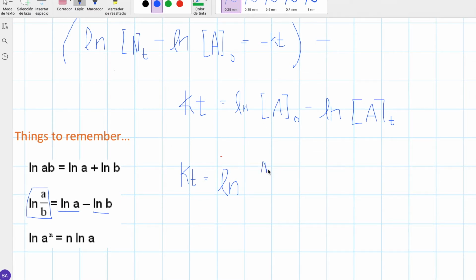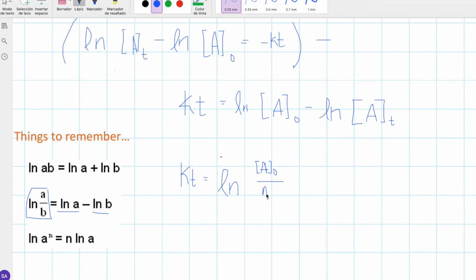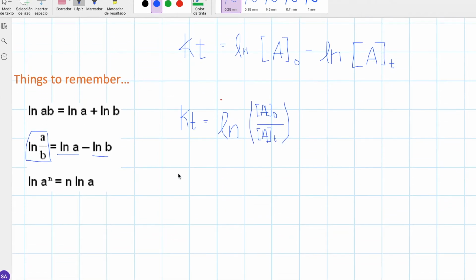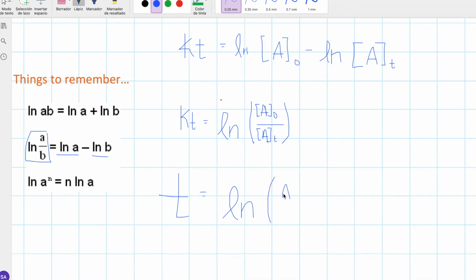So kt would equal ln, so our a in this case is our initial concentration, over our b, which is current concentration. There we go.